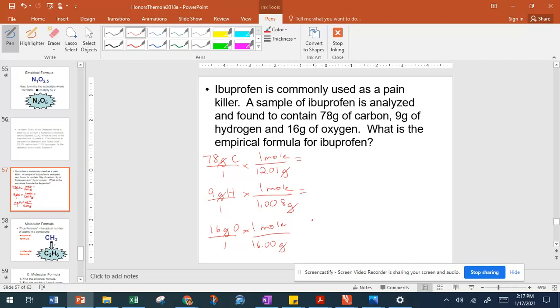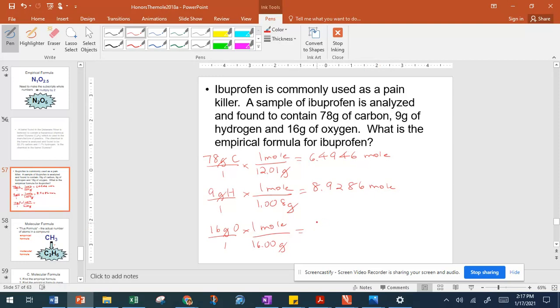Okay, so now I'm going to calculate the number of moles we have of each. So we do 78 divided by 12. That gives us 6.4946. So again, I keep about 4 places past the decimal. I do not round yet. And we get 8.9286 moles of hydrogen.